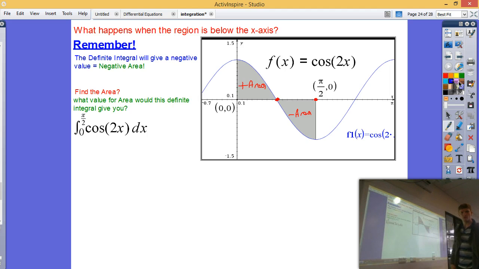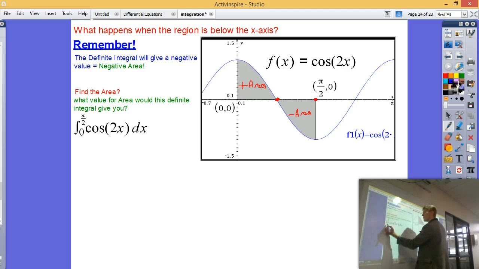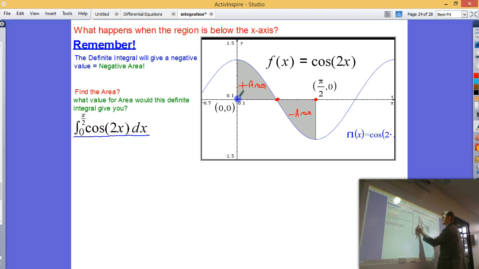It looks like the same shape, same size. So we can predict, if we're taking now the definite integral from 0 to pi on 2, which is this point according to the coordinate, then what do you think would be the total value we would get from evaluating such a definite integral?